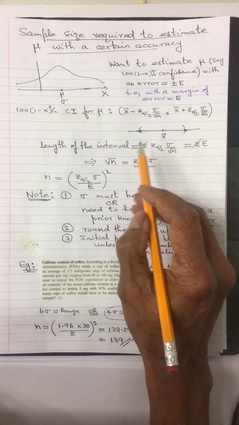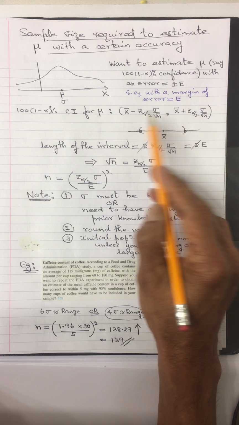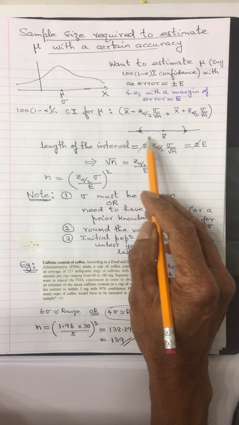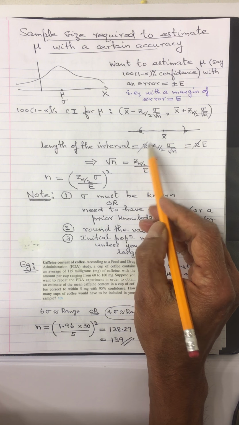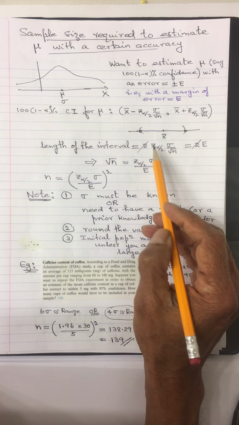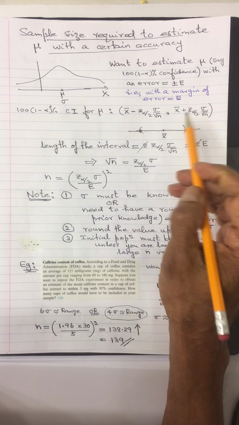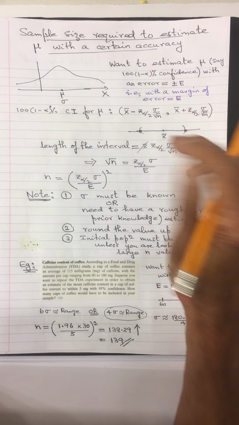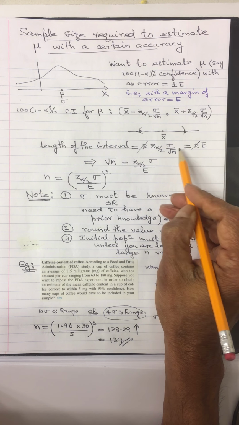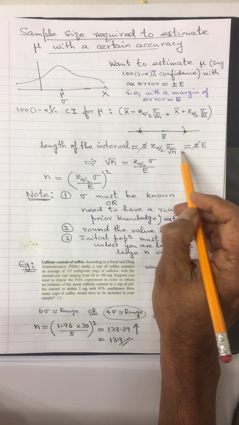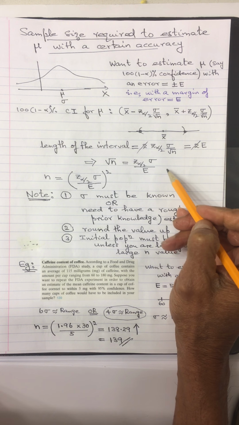The length of that interval, which is this value minus this value, is going to be 2 times the length of this piece, since the x bar cancels out. That should be the same as 2 times E, the plus or minus error part, so the 2 will cancel out.